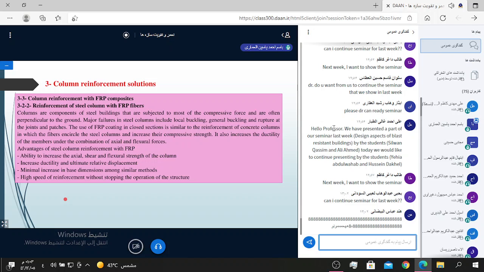Advantages of steel column reinforcement with FRP: ability to increase the axial, shear and flexural strength of the column, increase ductility and ultimate relative displacement, minimal increase in dimension compared with similar methods, high speed of reinforcement without stopping the operation of the structure.